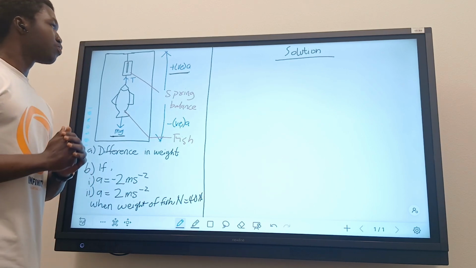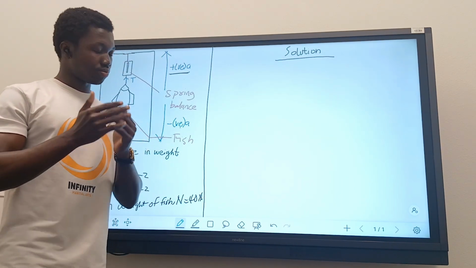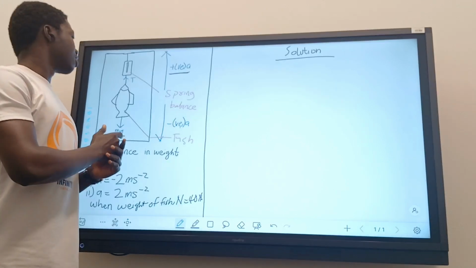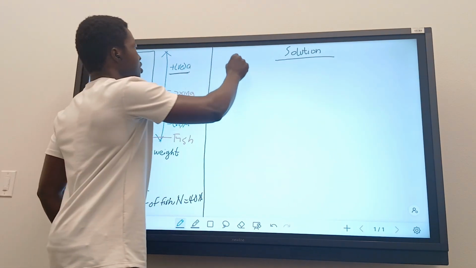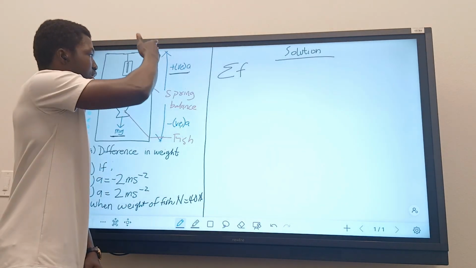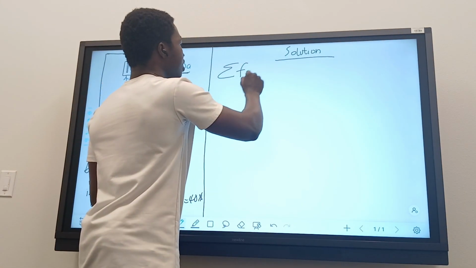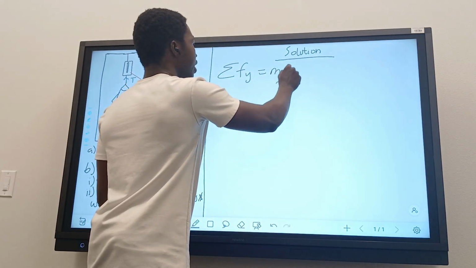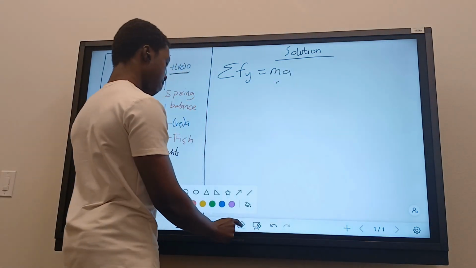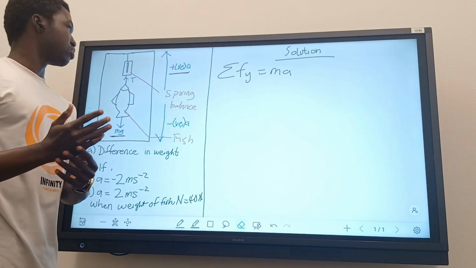Good. So we are going to use Newton's second law to solve this problem. Now we are going to use sigma F, which is the sum of the forces. As you can see, the motion is in the y-axis, so sigma Fy is equal to ma, where m is the mass of the fish and a is the acceleration.